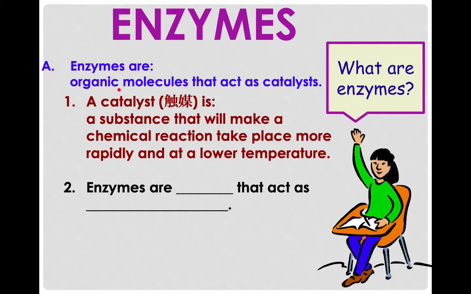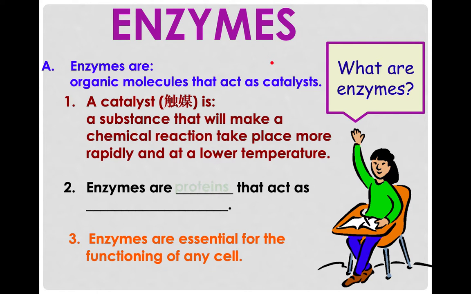So enzymes, they act like catalysts. That doesn't mean that they are catalysts. They act like them. Okay. So enzymes are proteins that act as biological catalysts. And at the very end, we'll talk about the difference between just catalysts and enzymes, okay?